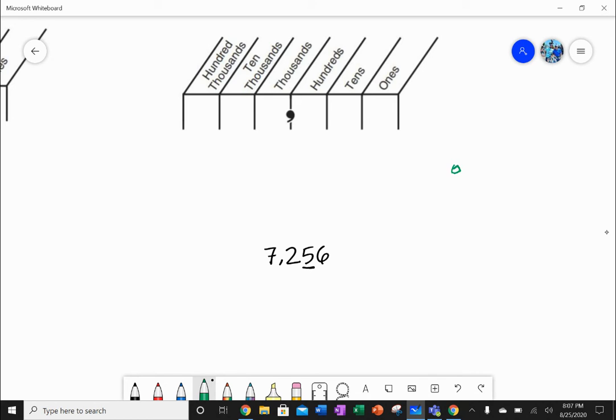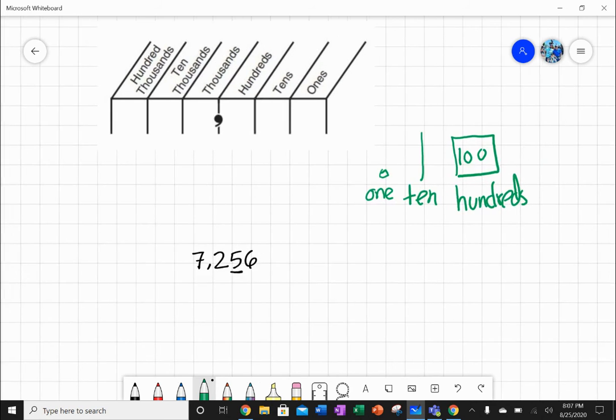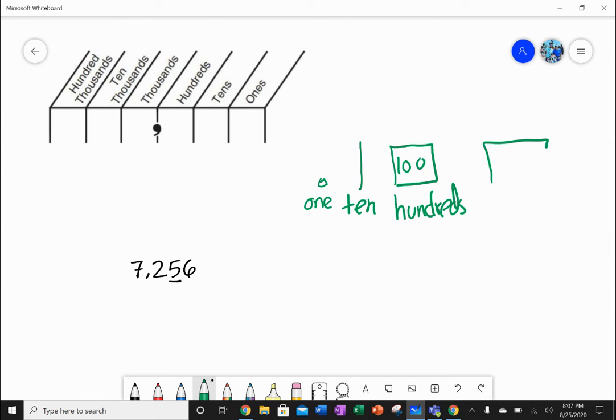If we do a little square, that is 1, or the ones place. If we have a line, that represents 10. If we have a square with 100, that represents hundreds. And if we have a rectangle with 1,000, that represents thousands.